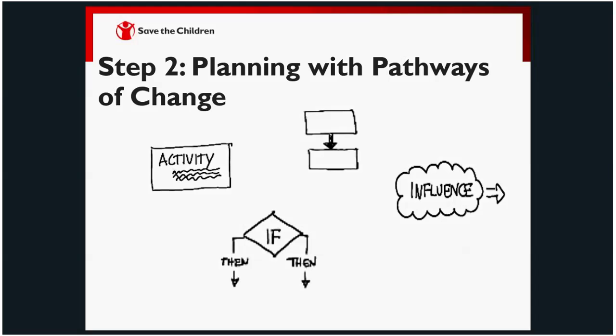The clouds in this are basically the influence. What are the external factors, or what are the opportunities or the challenges? So you take that into account from the onset. So these are just to demonstrate what those specific shapes represent, and you'll see those flowcharts in the next slides as well.